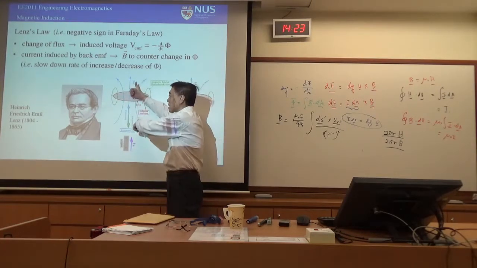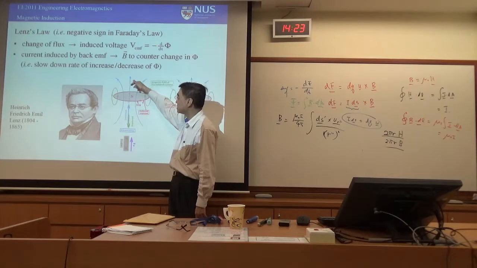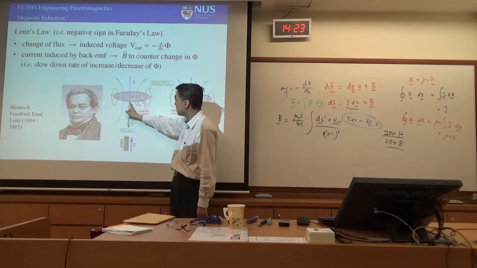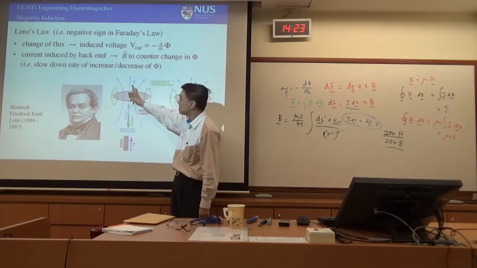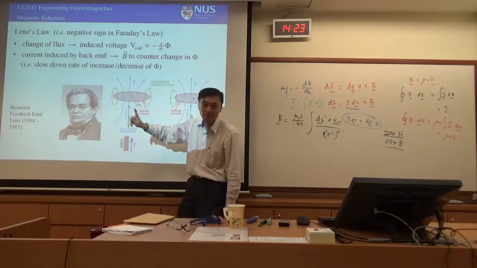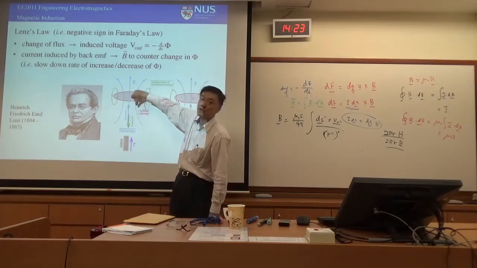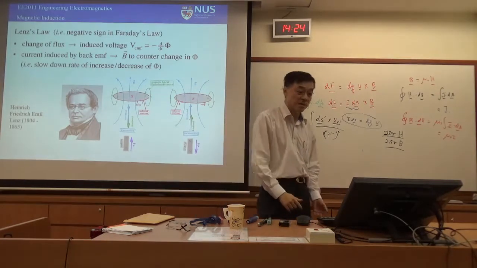Because this one gets weaker, it will supplement the decrease. But on the other hand, if this one gets stronger, going up, then the EMF induced will be in that direction, so that it will induce a magnetic field which opposes the increase. So that's what Lenz's law is about.